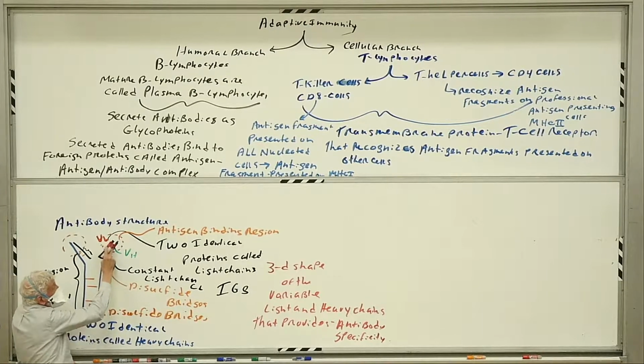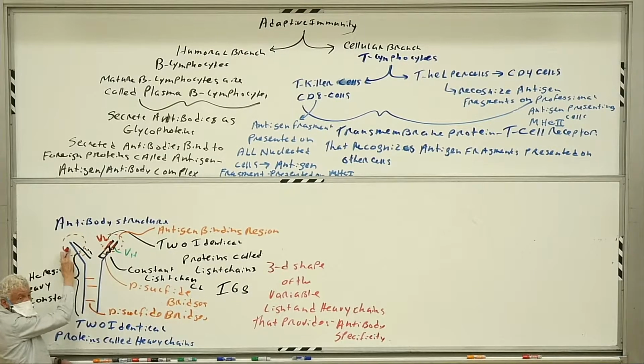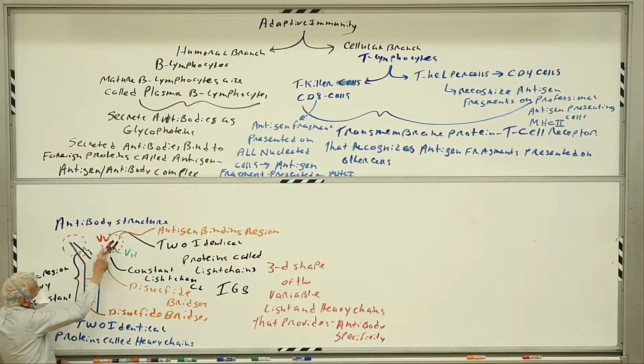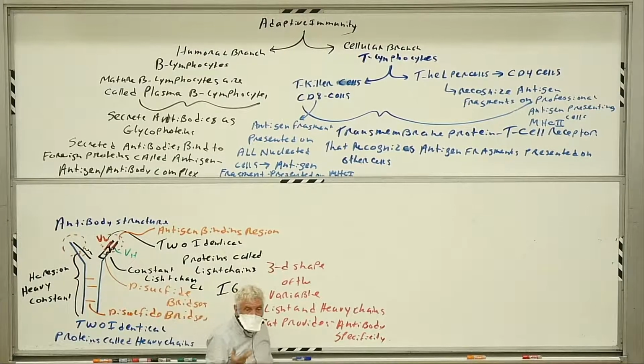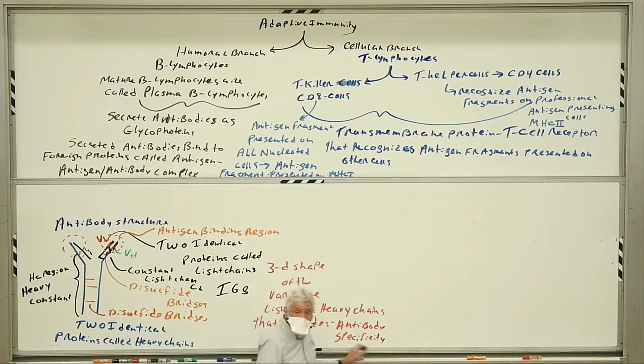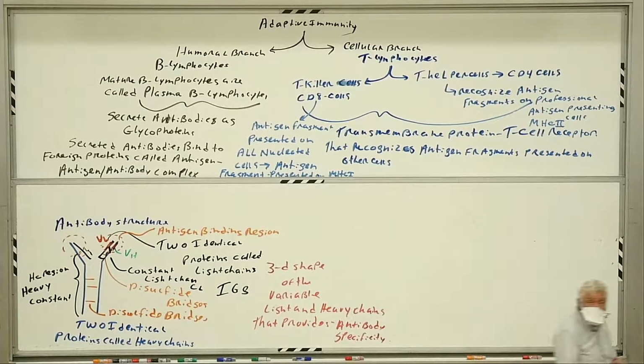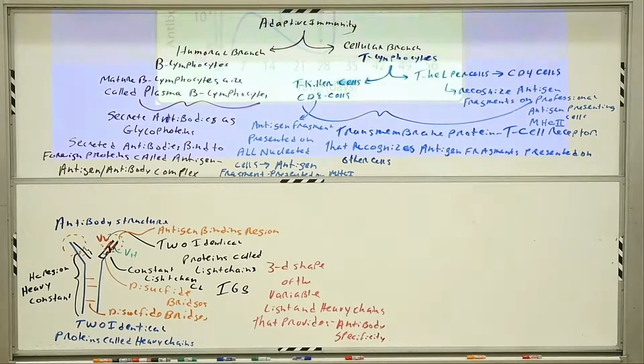The 3-dimensional shape out here will be the same as the one over here because we have the same variable heavy region and variable light region, forming that portion of the molecule that can bind to the antigen. Okay? Anything else? I'll show you a couple of pictures then.